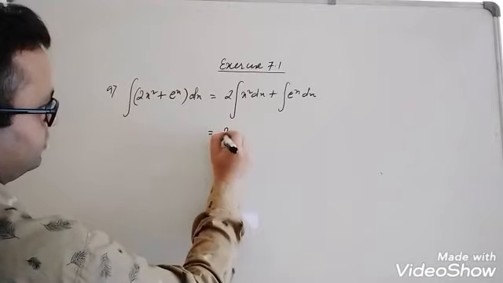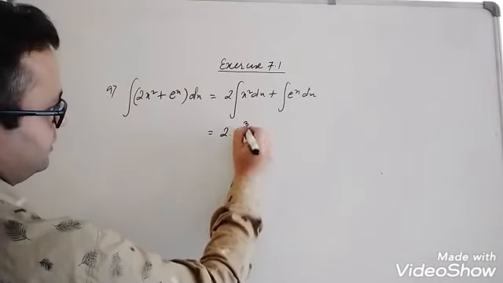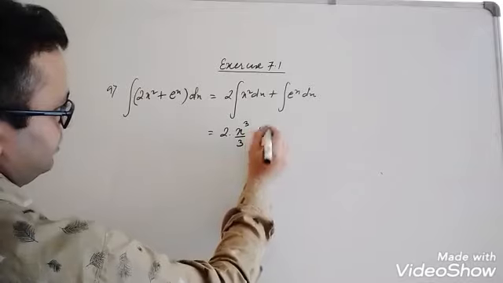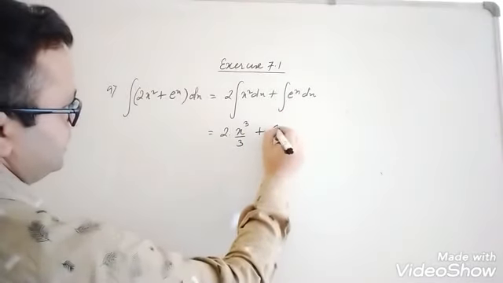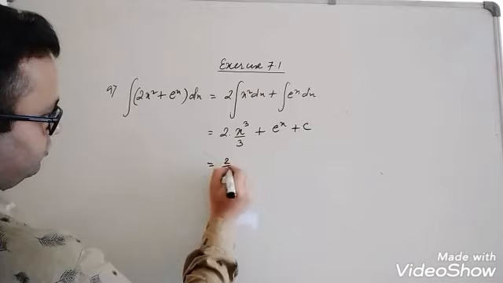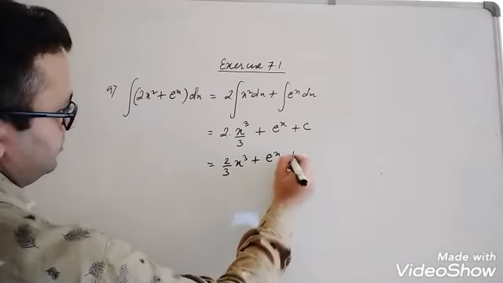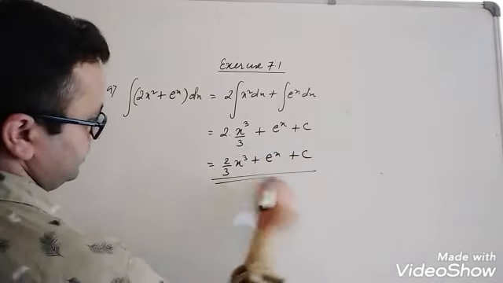So this equals 2 into, what is the integration of x square? It is x cube by 3, plus integration of e to the power x is the same, e to the power x plus c. So this equals 2 by 3 x cube plus e to the power x plus c. So this is the answer.